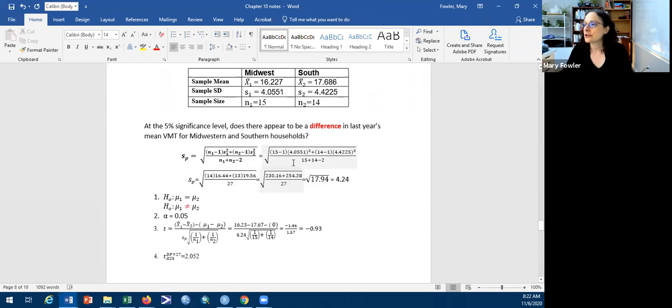So let's look at the calculation. S_P has this long formula here. For the first distribution, it's N1 minus 1, so that's 15 minus 1, which is 14, times the square of S1, plus 14 minus 1 times the square of S2, divided by 15 plus 14 minus 2.